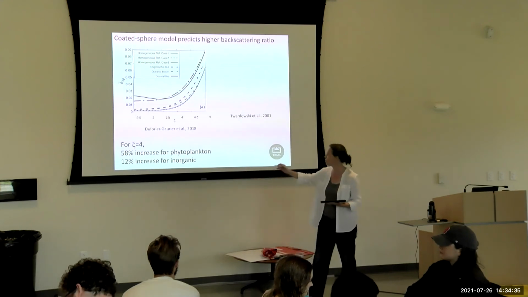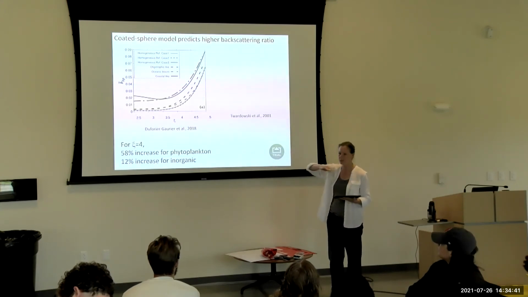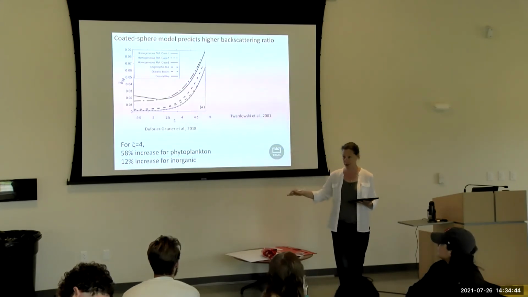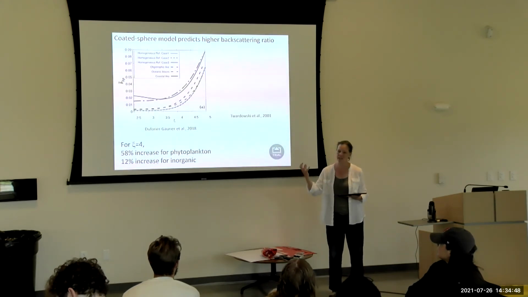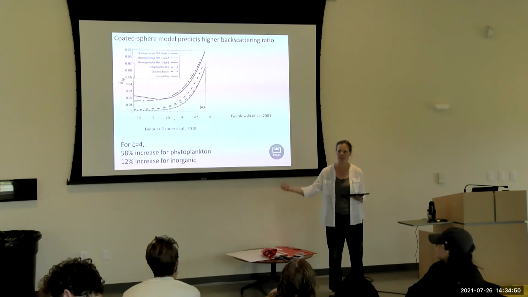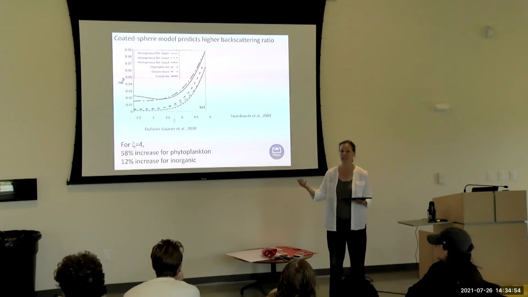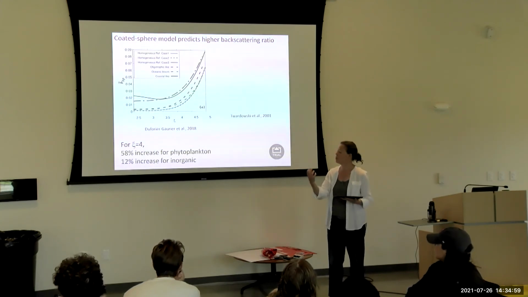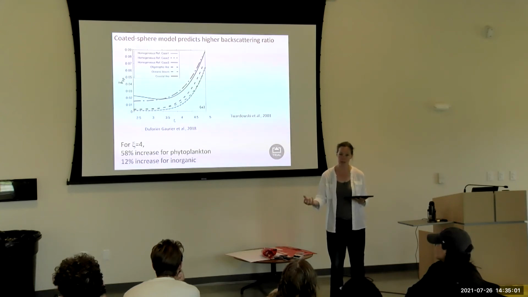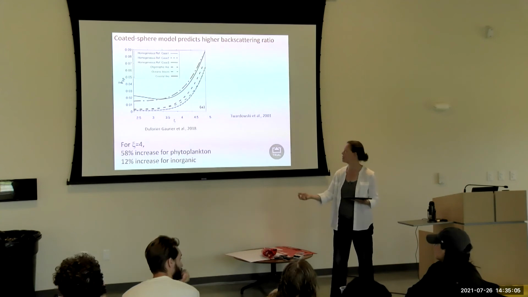So looking at the backscattering ratio for modeled particle populations with different size distributions, taking a population of homogeneous spheres with optical properties consistent with the oligotrophic ocean, a bloom of a phytoplankton species, and then coastal waters with lots of high index resuspended sediments.